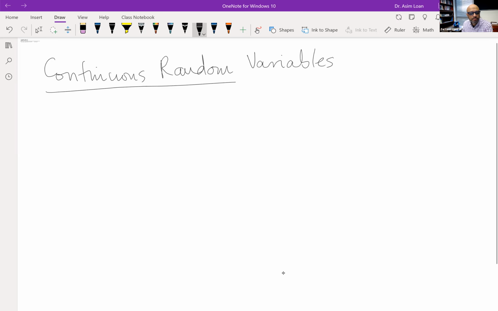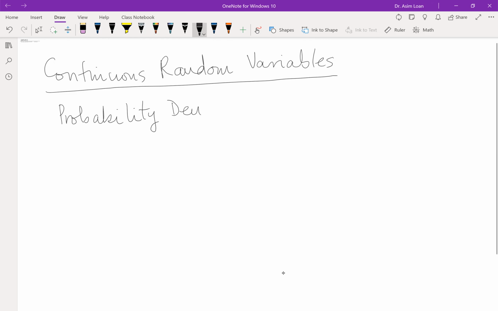Okay. So continuous random variables, what we want to do is briefly describe the probability density functions, maybe we start with the distribution. So probability distribution and probability density functions.